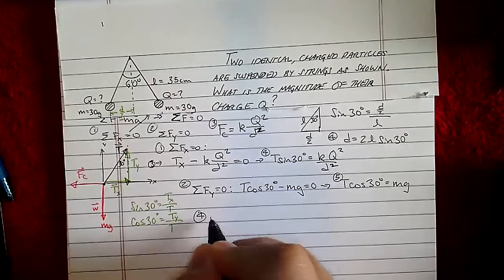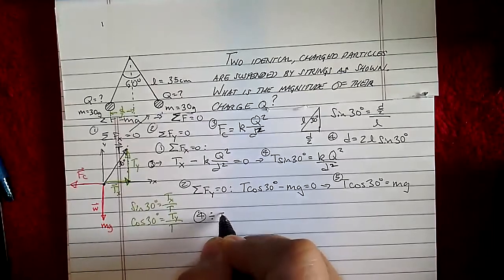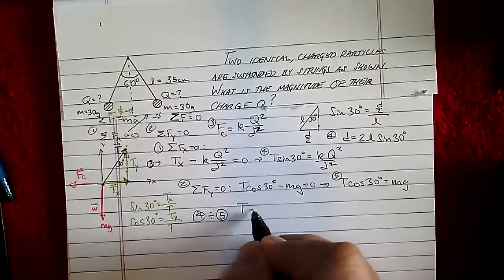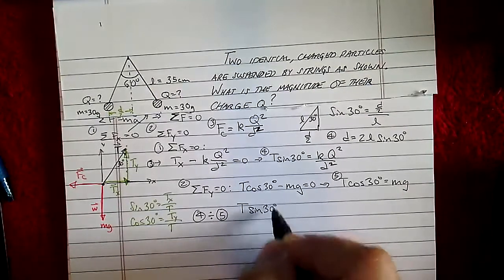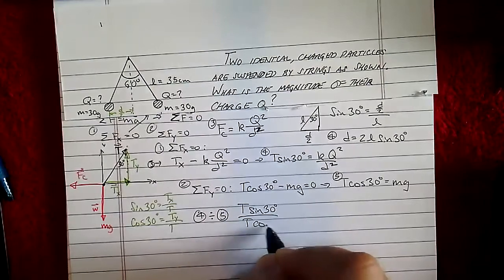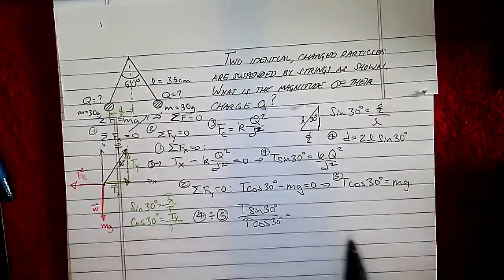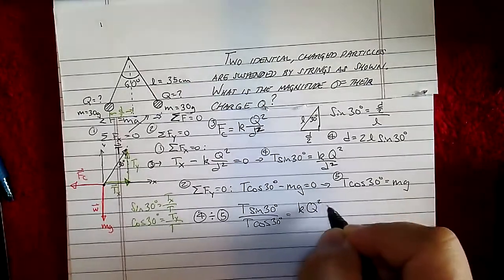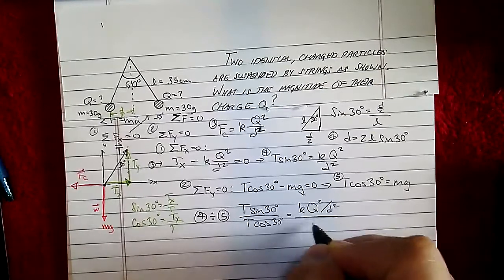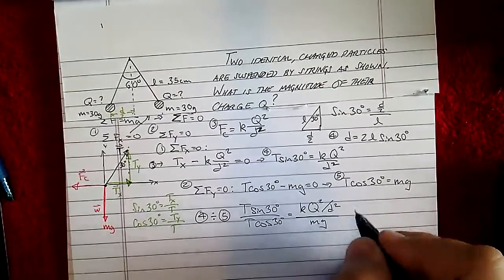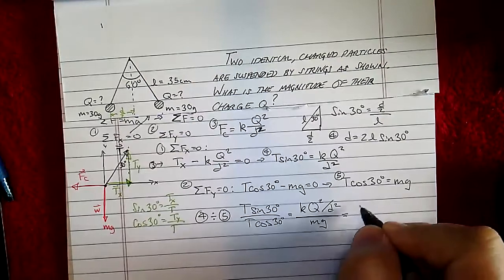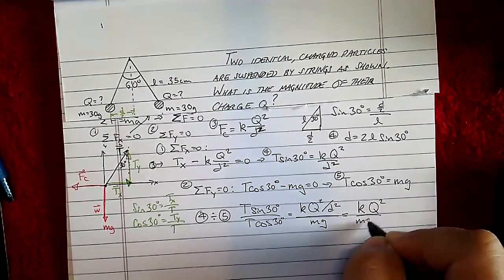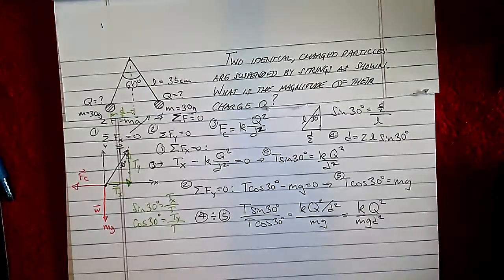So 4 divided by 5 is going to give me t sine 30 degrees over t cosine 30 degrees is equal to k q squared over d squared divided by mg, which of course you can write as k q squared over mg d squared.